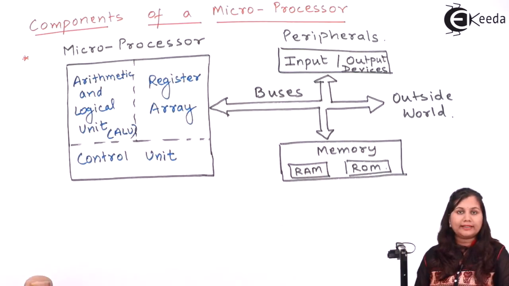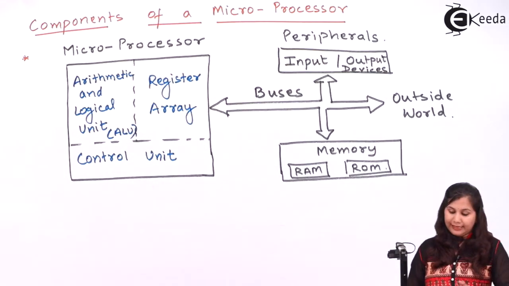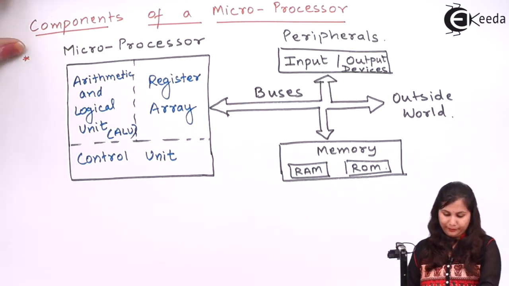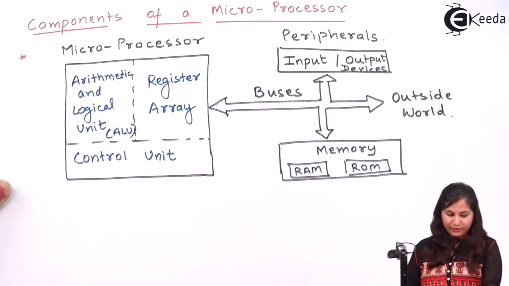So this block diagram shows us the various components of the microprocessor. Let us study these components one by one. So first we will start with the arithmetic and logical unit.